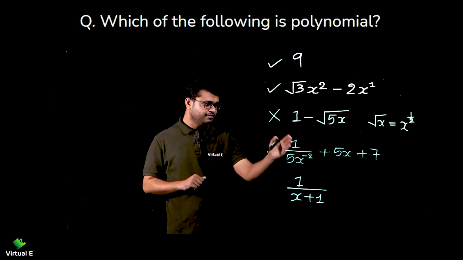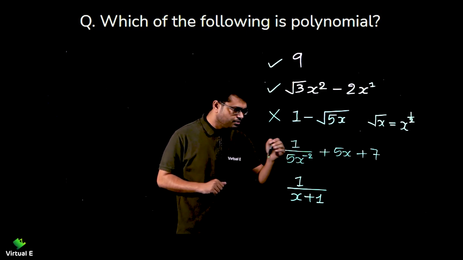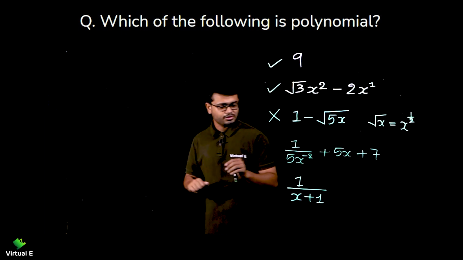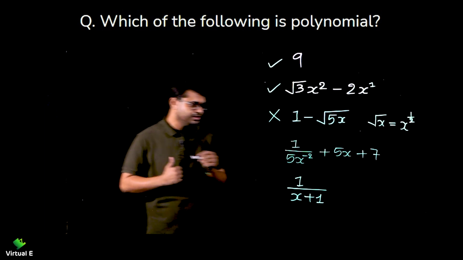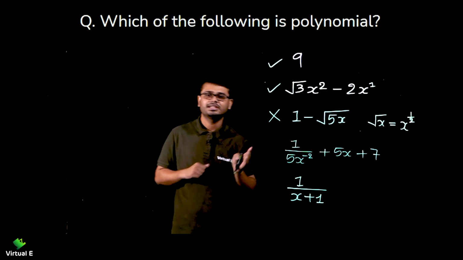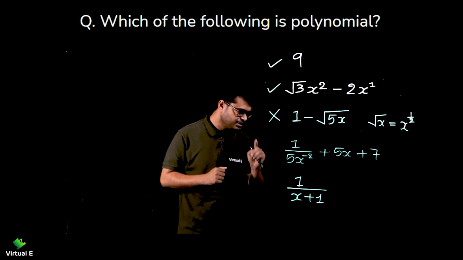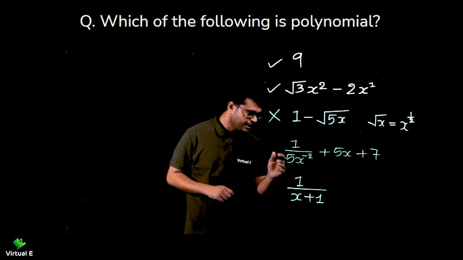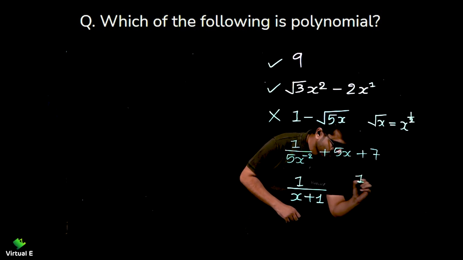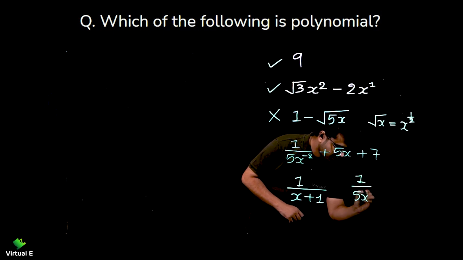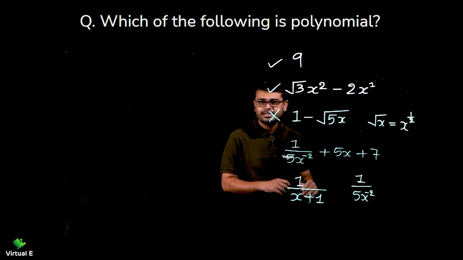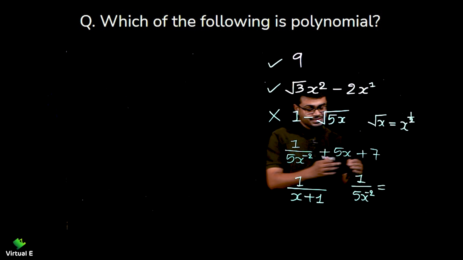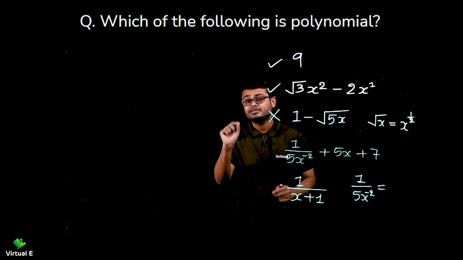Come to this question, 1 by 5 x raised to minus 2 plus 5x plus 7. So is it a polynomial? We discussed just one question where x was in the denominator and we said it is not a polynomial. Now see, try to keep this x in the numerator. So 1 by 5 x raised to minus 2. Let's keep 5 in the denominator and x in the numerator. If we are keeping this x in the numerator, the sign of the power will change.